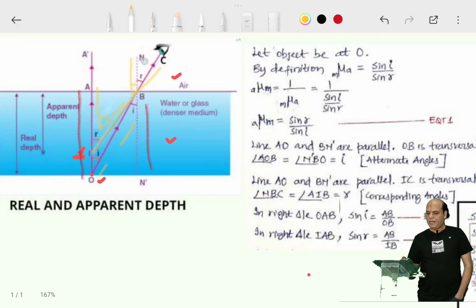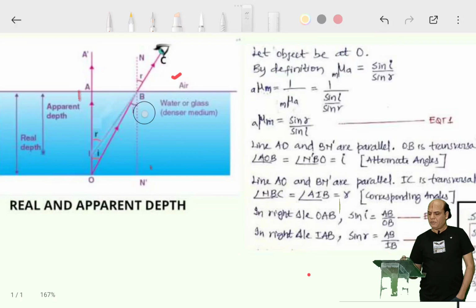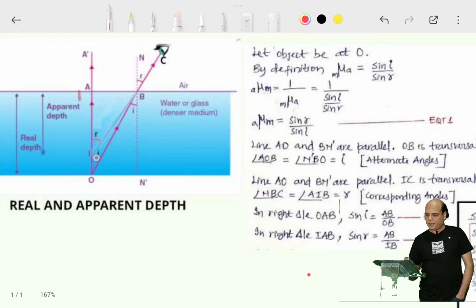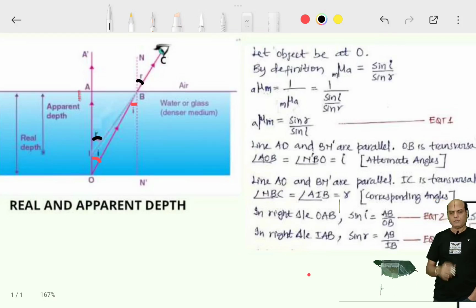Therefore, angle NBC is equal to angle AIB, which is equal to the angle of refraction R. Therefore, in this diagram, the angle of incidence I is nothing but angle AOB. So this angle is equal to this angle. Then the angle of refraction R is equal to angle AIB. Clear?